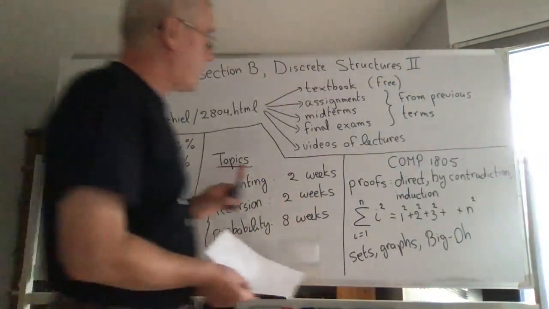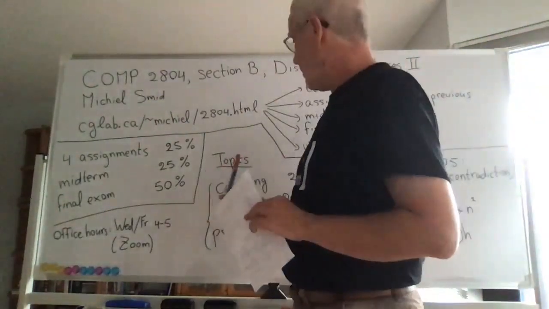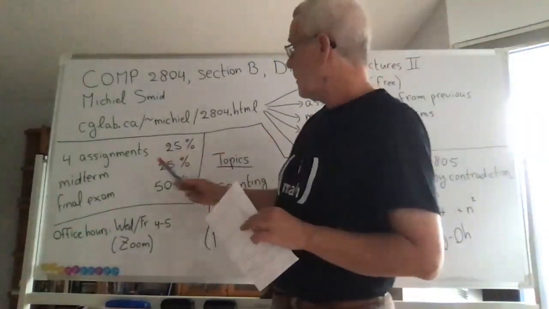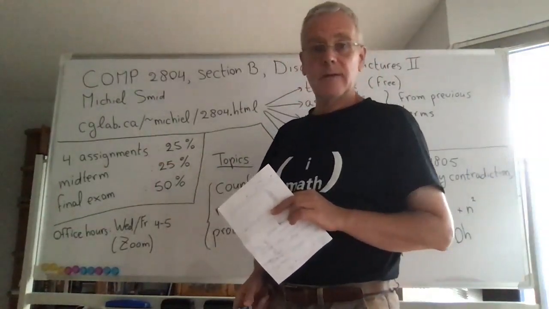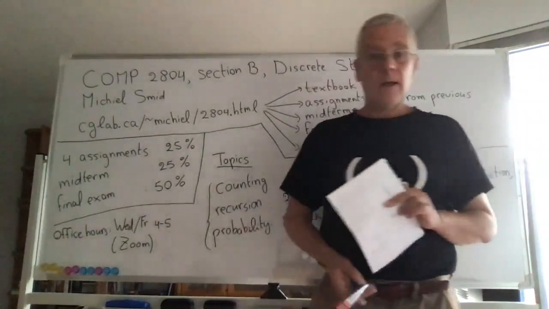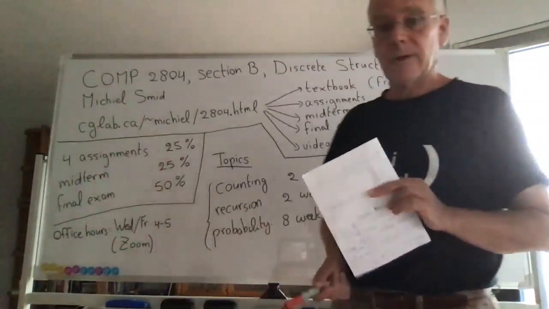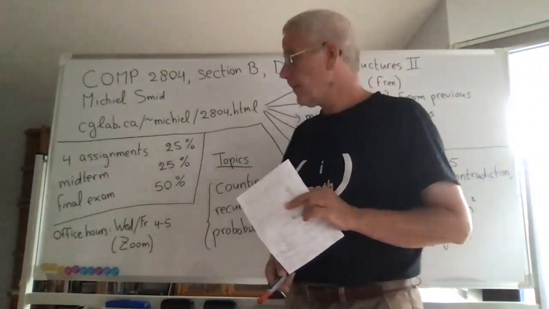I will send you emails frequently through CUlearn, so keep an eye on your mailbox. So what is expected from you? Besides watching the videos, of course, there will be 4 assignments. The course page tells you the due date for each of them, and I will try to post them 14 days before the due date. Assignments are worth 25%.